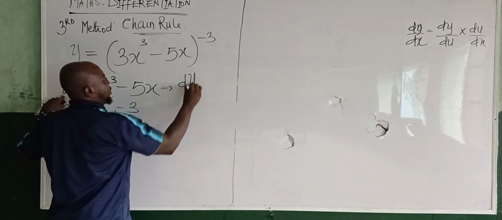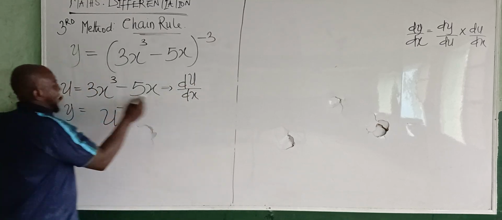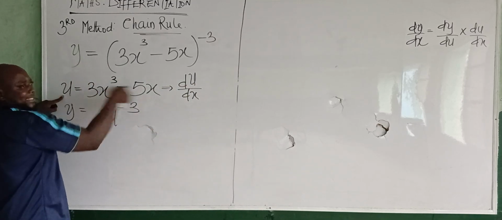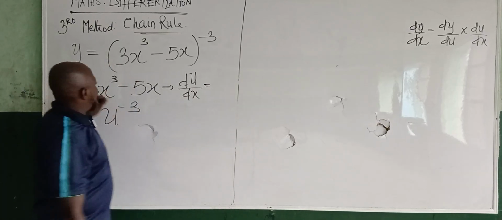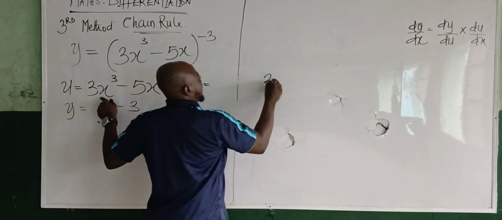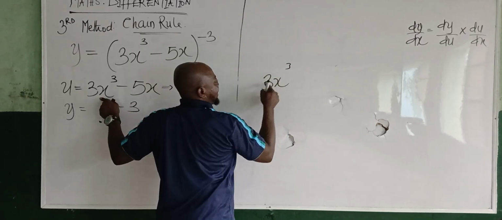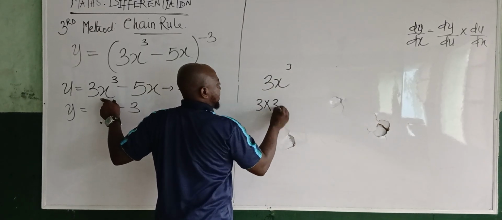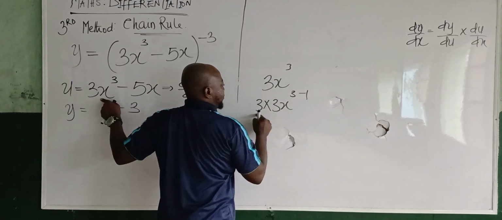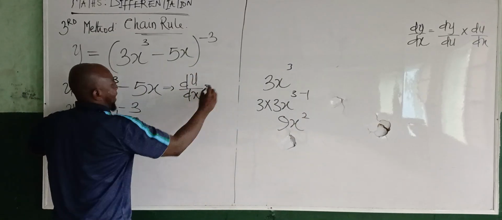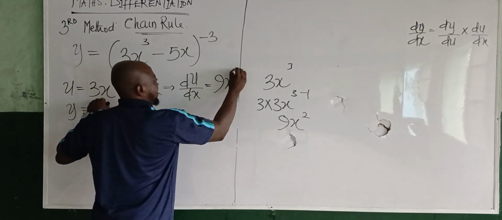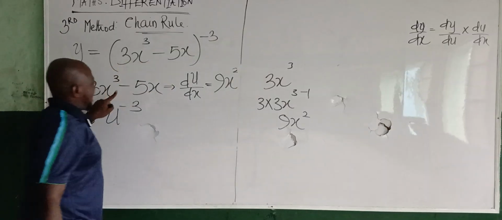Why am I putting x? Because here we have u and x. That's why we say du with respect to x. So if you differentiate this one here, I'm having 3 raised to the power of 3, this times this one, and then 3 minus 1. Multiply this, I'm having 9 and 2 here. So first, I will write 9x raised to the power of 2. That's the first thing I will do.